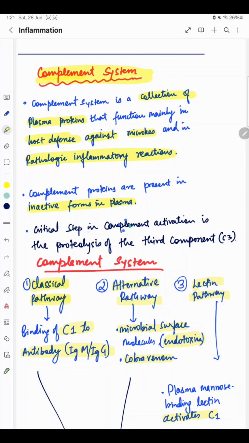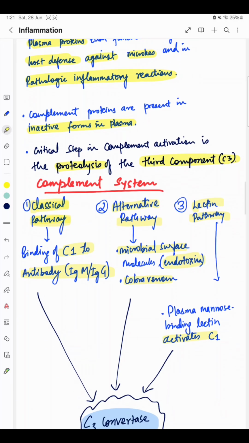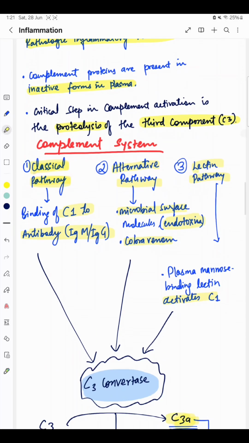Critical step in complement activation is proteolysis of C3 or third component of the complement system. Now we will see how many pathways are involved in the activation of complement system. First is classical pathway, second is alternative pathway, third is lectin pathway.